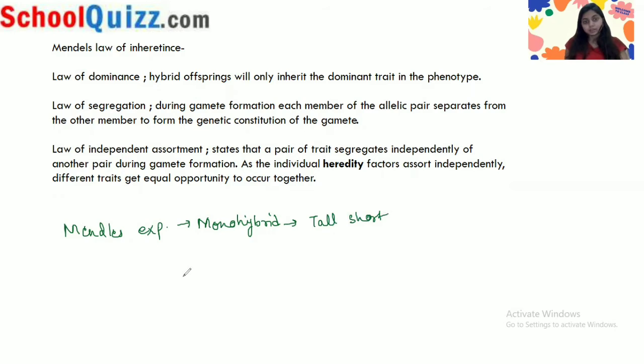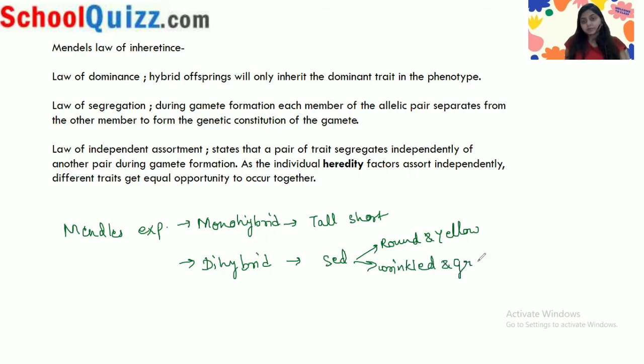And we also saw the dihybrid experiment, in which we took the example of the seed, which is either round and yellow or wrinkled and green. So from these experiments, Mendel proposed the laws of inheritance.